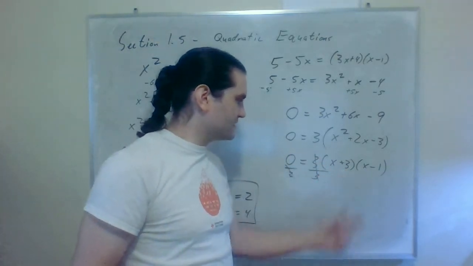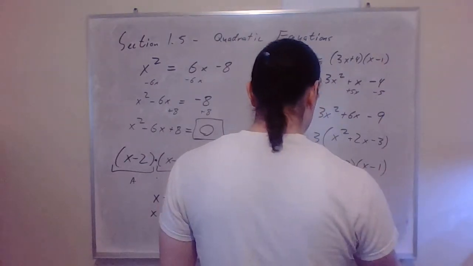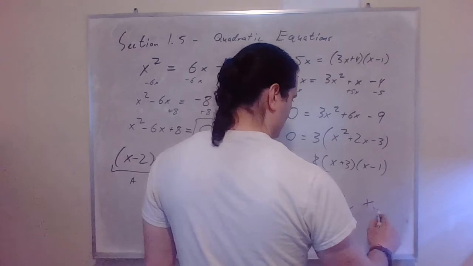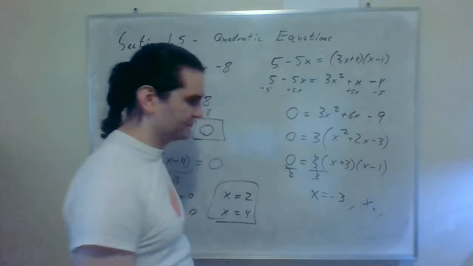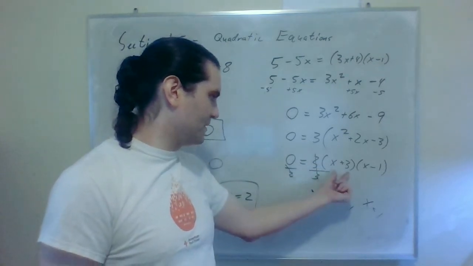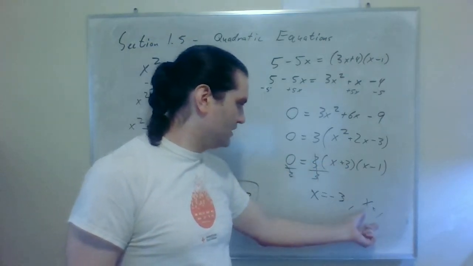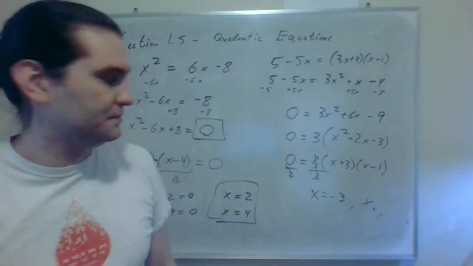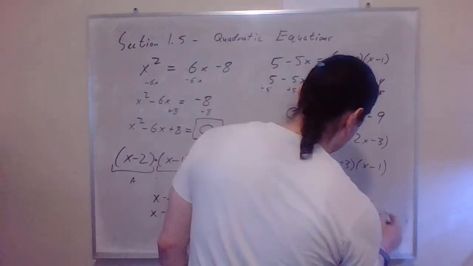These pieces have x in them, so they will contribute solutions. Solutions will be x equals -3 and x equals 1, because those are the x values that will make this 0 and then it's true. 1 will make this 0 and then it's true. So these are your solutions.